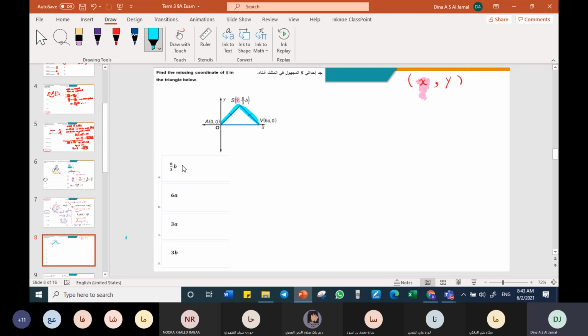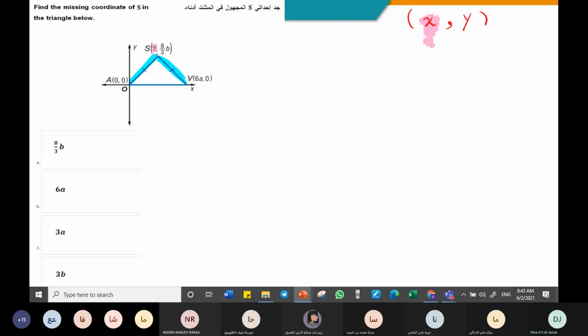That means I will imagine a perpendicular line for the height or the altitude, and it will be perpendicular to the segment OV, which is the segment that is here.